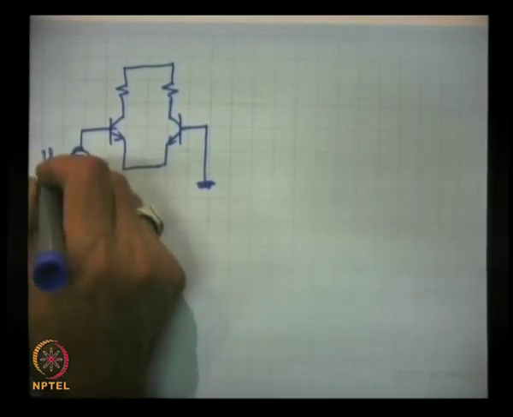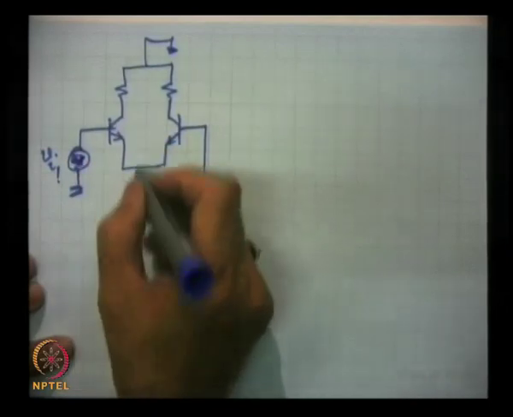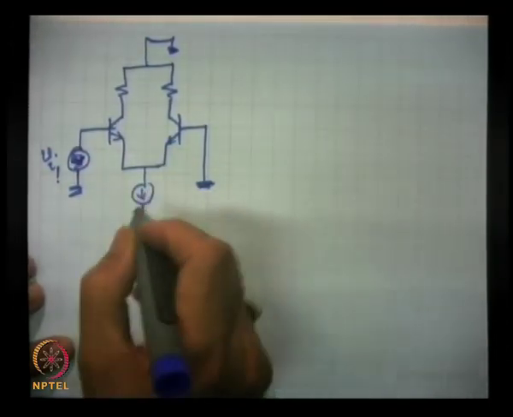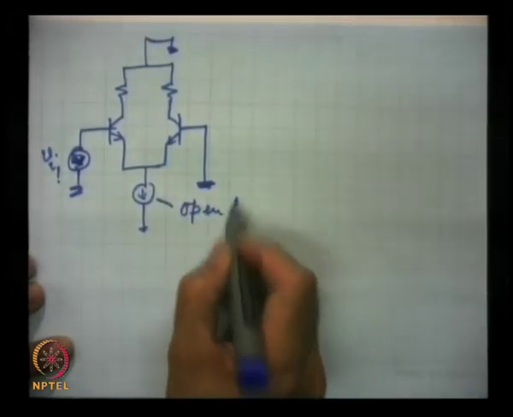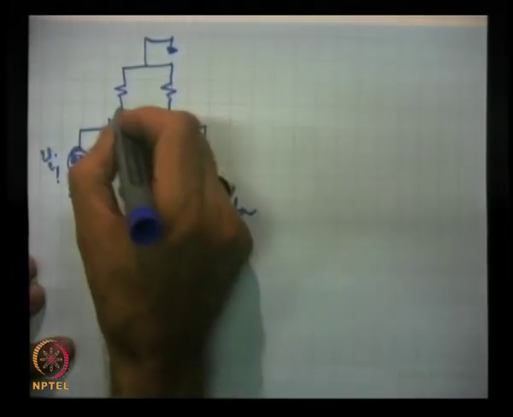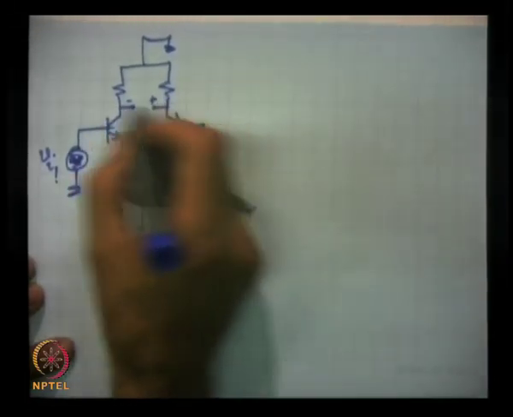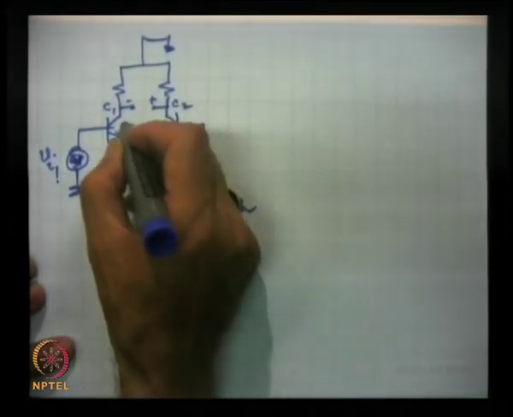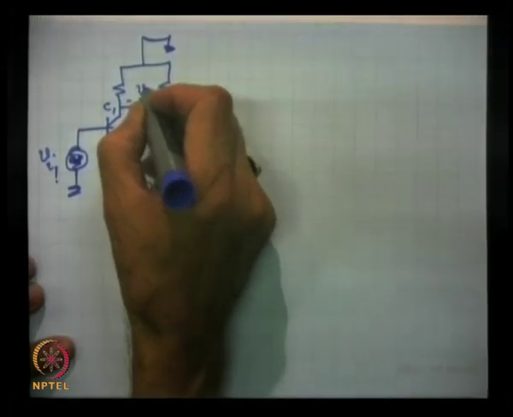This is Vi1, and this is grounded, and here this is the DC source, open for AC. Now, this is the output which is taken between these two collectors C1 and C2 of transistors Q1 and Q2, and this is V0.